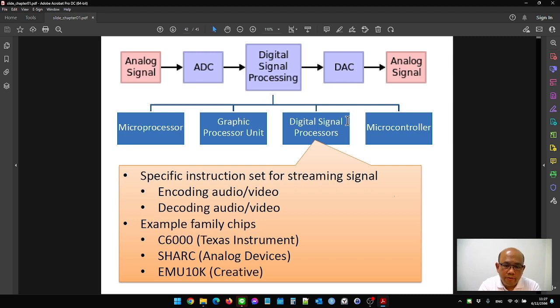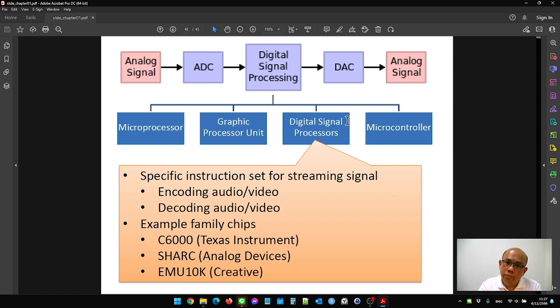The third type in the group of the microprocessor is the DSP chip, the digital signal processor. That means this device is processing the signal.